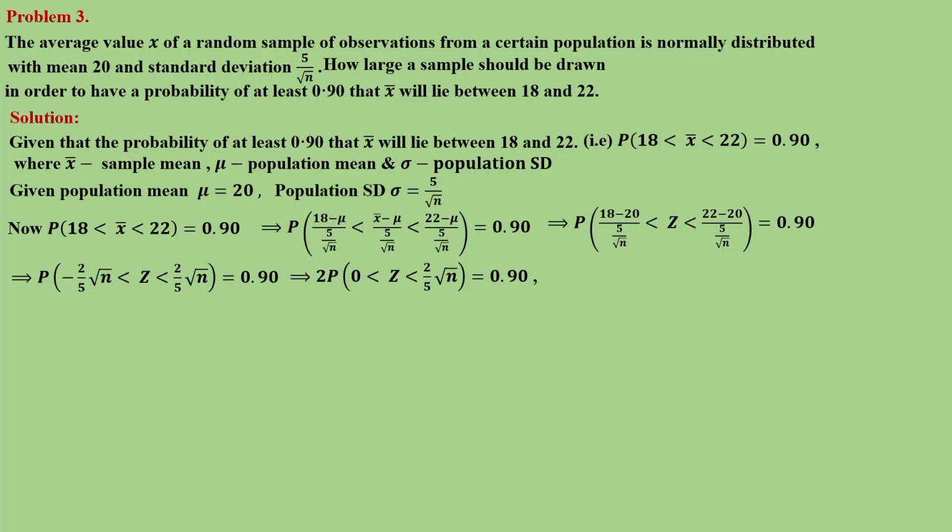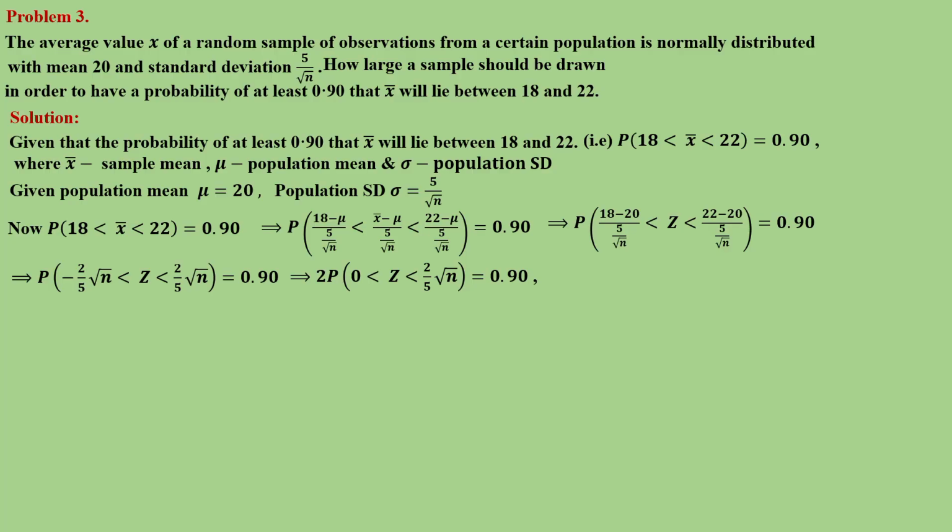When going from minus a to plus a, 0 is in between, so we divide the area into the negative part, minus a to 0, and the positive part, 0 to a. Similarly here, minus 2 root n by 5 to 0, then 0 to 2 root n by 5.